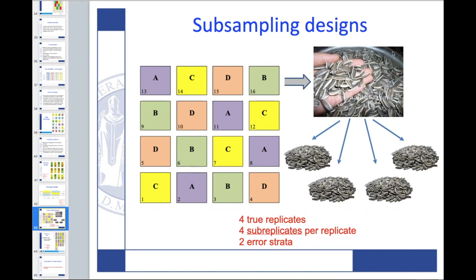Then from each plot, we take the sunflower seeds and make 4 analyses. So we have 4 true replicates and 4 sub-replicates per each replicate. In total, we have 16 values, 16 measures for each treatment.